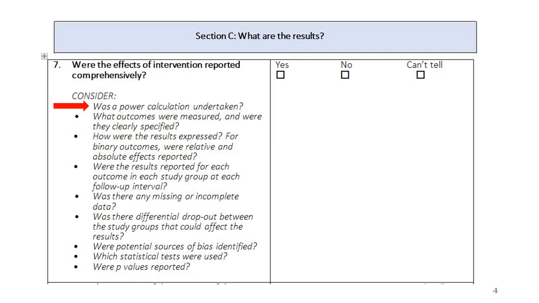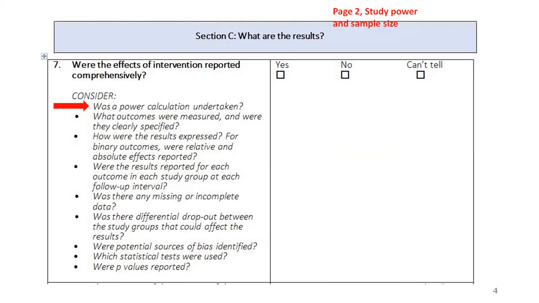This will be based on previous similar studies or pilot studies. They usually put the power calculation around 80 to 90% as standard, but sometimes the researchers don't manage to recruit enough people, so the study is underpowered, or they recalculate the power calculation.